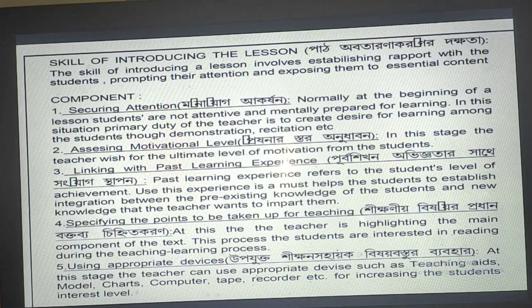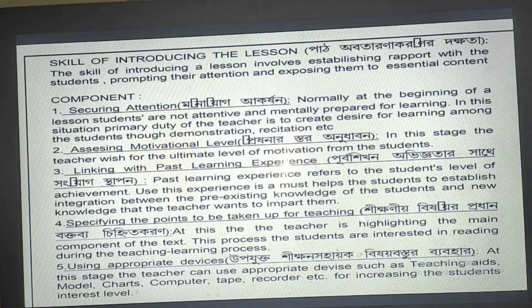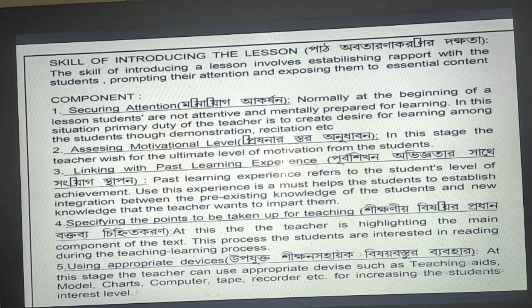That's why the teacher has to create attention among the students through a story or reciting a poem. After that, the teacher asks some questions to increase their motivational level.